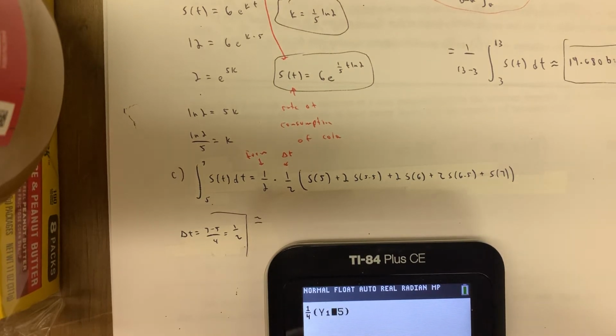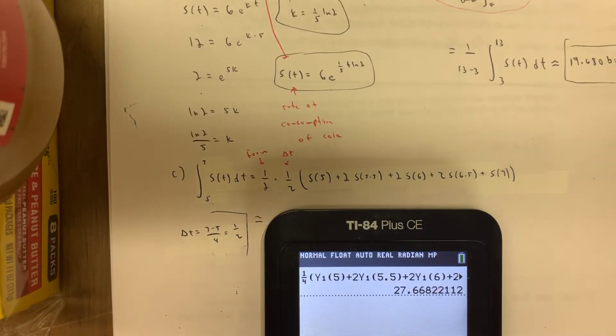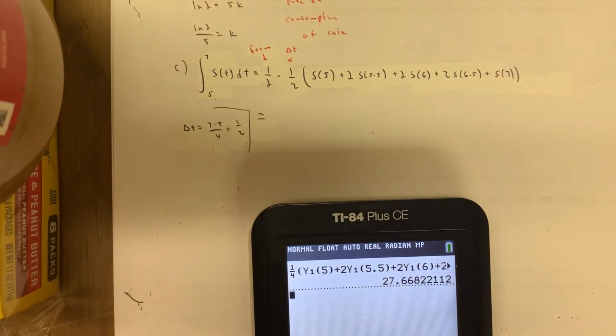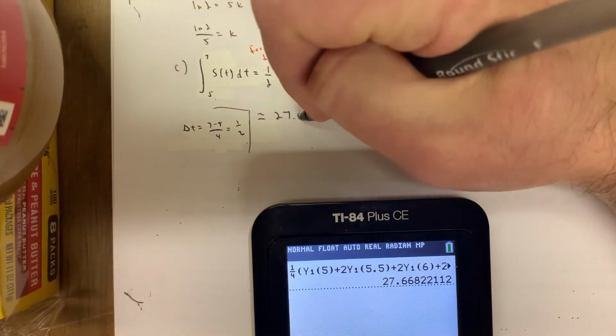So y sub 1 of 5, that's s of 5, plus 2 s of 5.5, plus 2 s of 6, plus 2 s of 6.5, and then finally plus just s of 7. Make sure you put a double parenthesis right there. It shouldn't be too terrible to do this, but it's easy to make a silly mistake. That is the same answer I got when I did the problem earlier. So I get approximately 27.668.